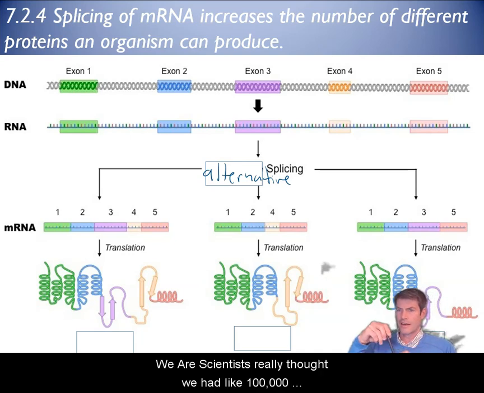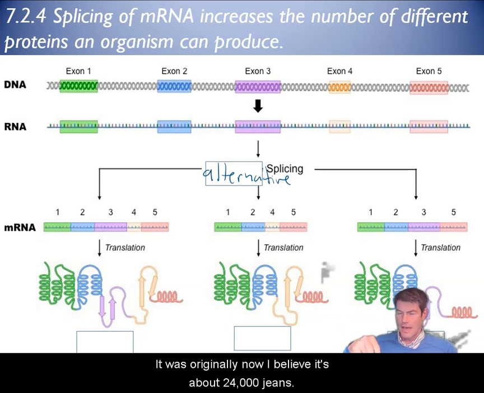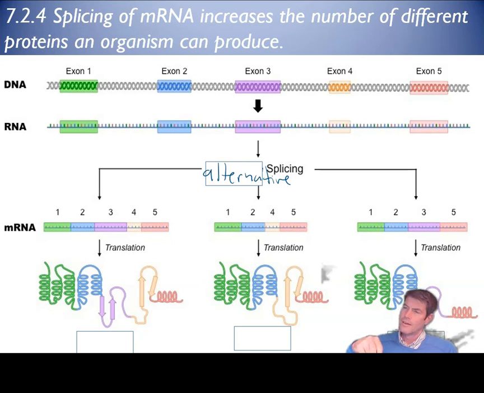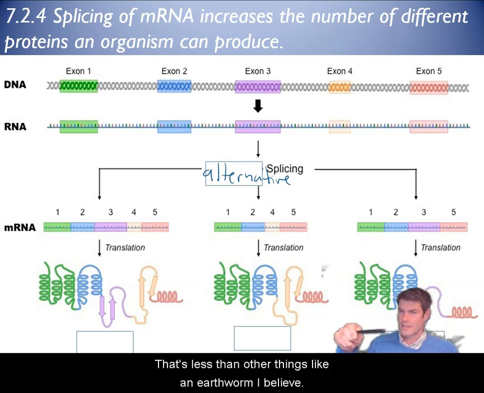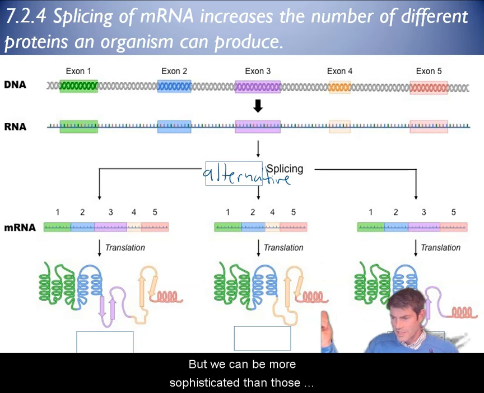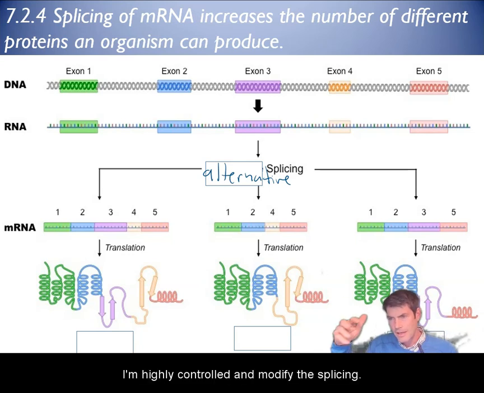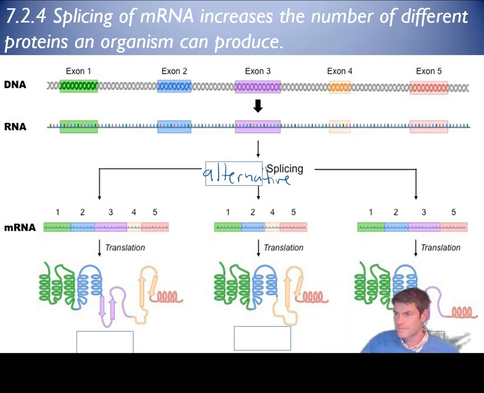Scientists originally thought we had like 100,000 genes, maybe more. Now I believe it's about 24,000 genes. Check that. Maybe 22,000 genes. That's less than other things like an earthworm, I believe, or fruit fly. But we can be more sophisticated than those living things because we have this ability to really highly control and modify the splicing.